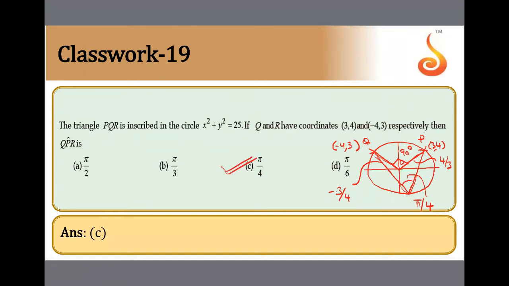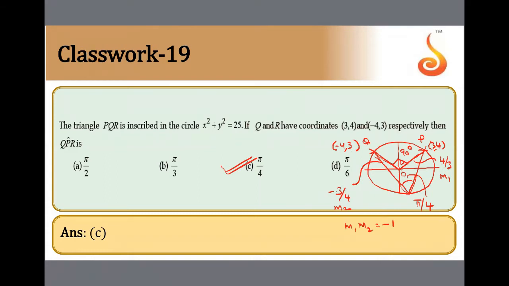What is the slope of OP? Slope of OP is 4 by 3, slope of OQ is minus 3 by 4. It means both are perpendicular. This is M1, this is M2. M1 M2 is equal to minus 1. Labeling is wrong.